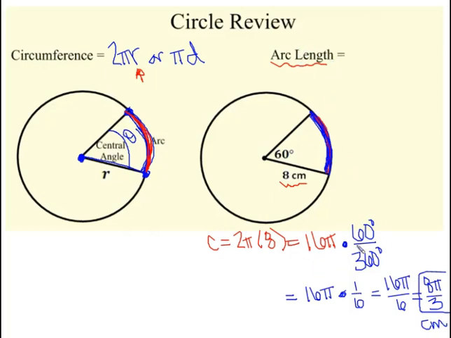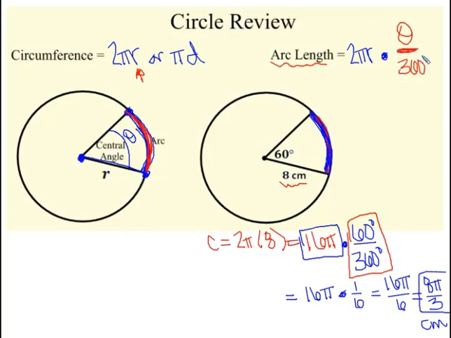With this little process, we can generalize a formula for arc length, where we take the circumference, this 2 pi r piece, and multiply it by the fractional piece our angle is forming. We take our angle, whatever that might be, in this case it was 60, and divide it by the entire angle degree measure in a circle, which is 360.